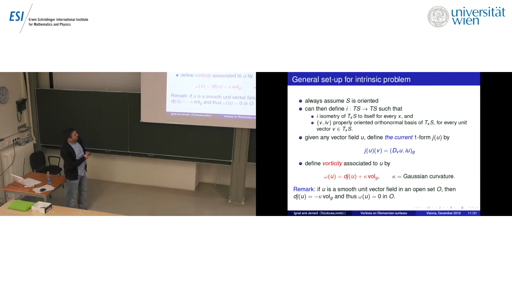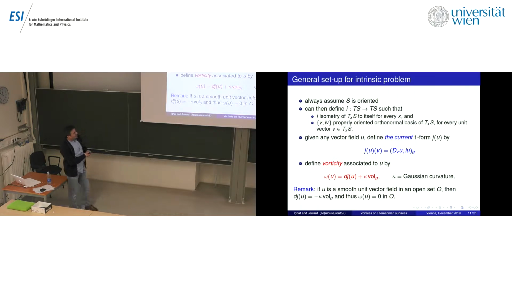And then the vorticity. The vorticity was the curl of the current. But of course now you are on a surface, so the quantity that appears here is given by the Gauss curvature. The Gauss curvature is nothing but the determinant of the second fundamental form, or if you want, the product of the sectional curvatures.